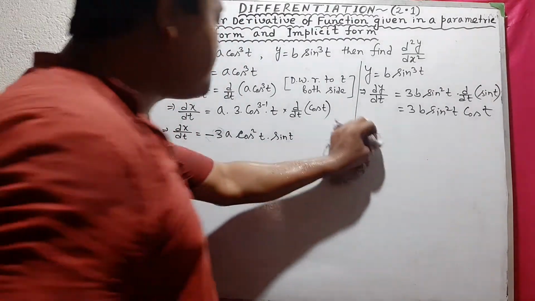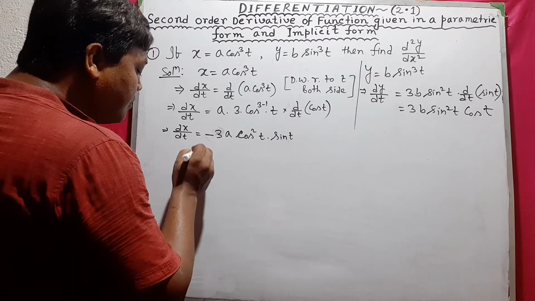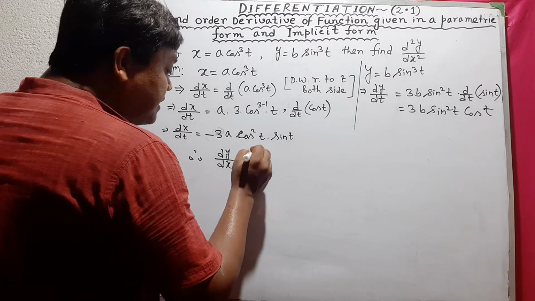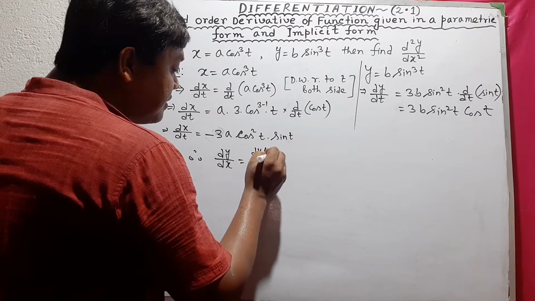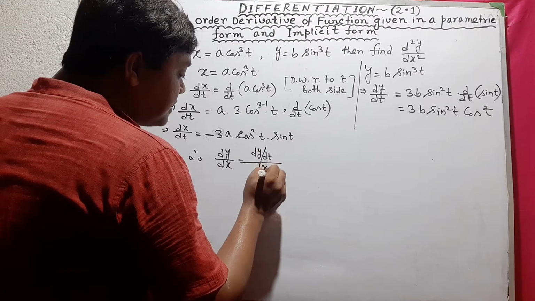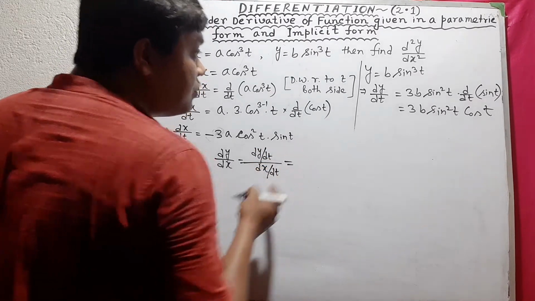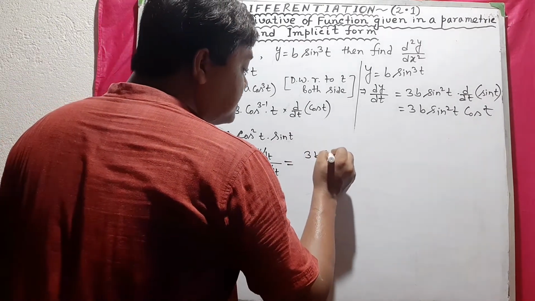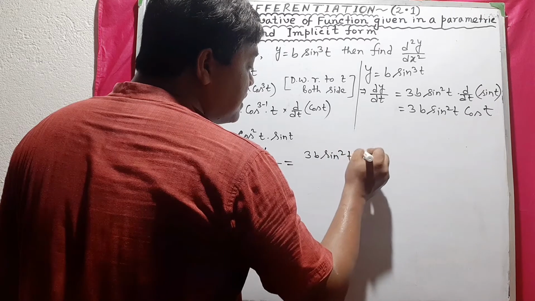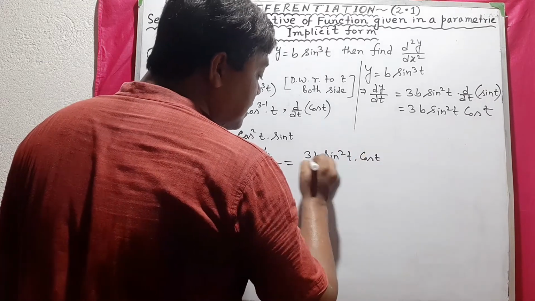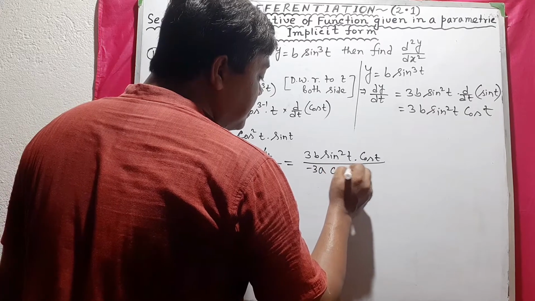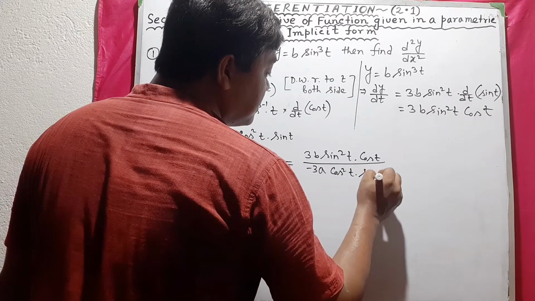So now what is my dy/dx? Therefore dy/dx equals, we know, dy/dt by dx/dt. So what is my dy/dt? That is 3b sin squared t into cosine t by minus 3a cos squared t into sin t.